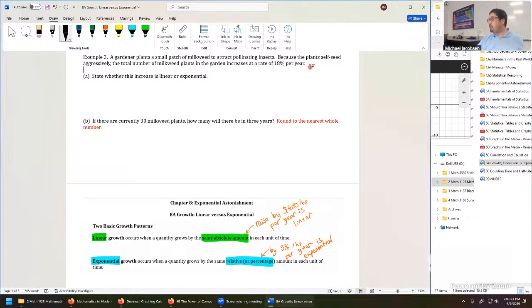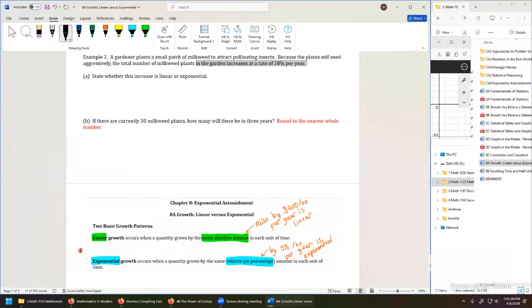Well, based off this part right here, what would you all say is the growth pattern this time? Does this look linear or would this look exponential? Exponential this time. Yeah, I agree.